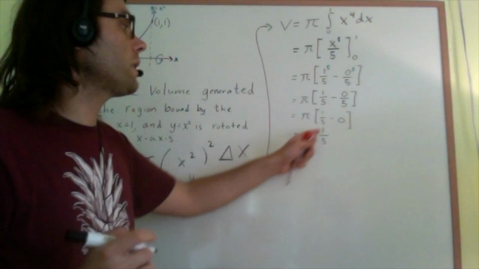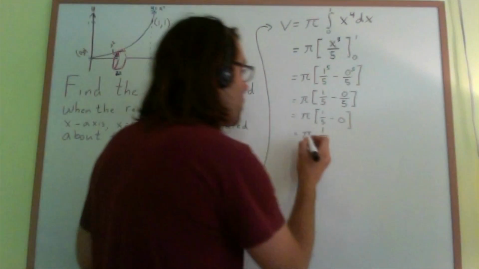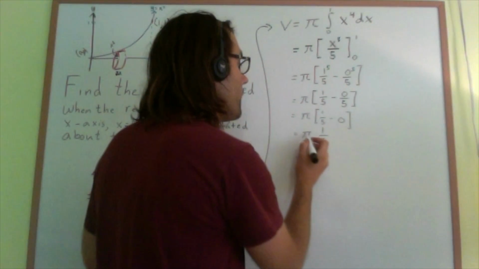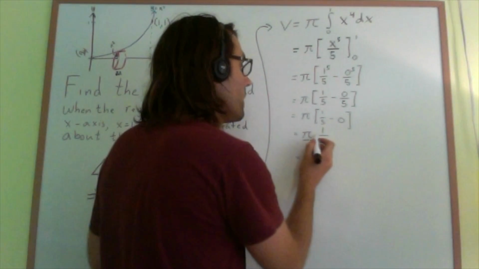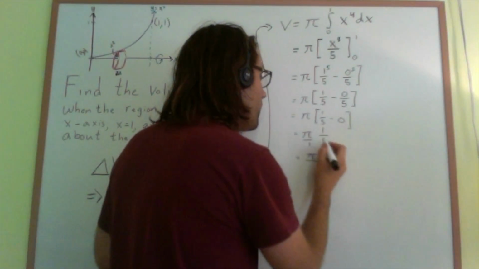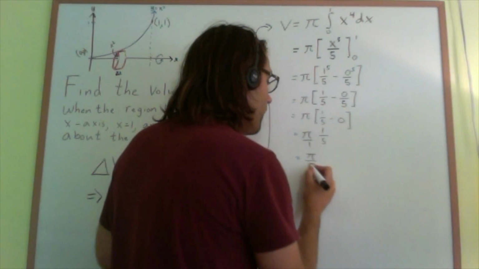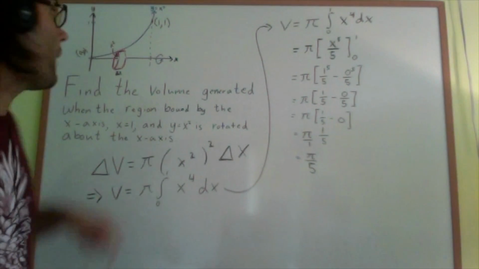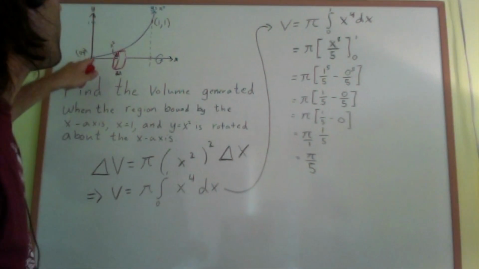Okay, pi times 1/5. Pi is, of course, the same thing as pi over 1, and when you're multiplying two fractions, you just multiply the numerators. Pi times 1 is pi. 1 times 5 is 5. And that is the volume generated by this guy.